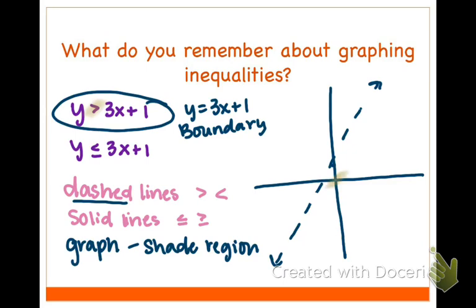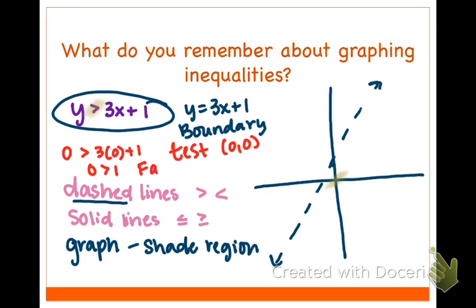So I can look at this point 0, 0, and I can say, okay, if I were to test the point 0, 0, I would plug in 0 for x and 0 for y, and I would get this inequality: 0 is greater than 3 times 0 plus 1, where 0 is greater than 1. But that is a false statement.